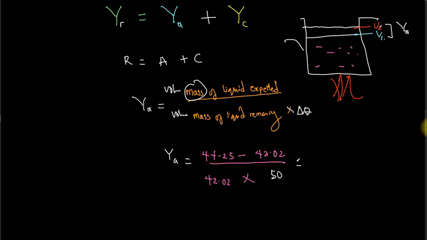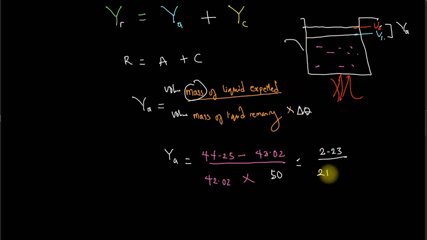So our final answer is going to be 44.25 minus 42.02 equals 2.23, all over 42.02 times 50.